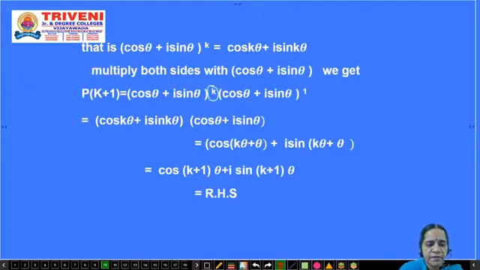Here k is the multiple of theta. Then we get (cos k theta plus i sin k theta) into (cos theta plus i sin theta).